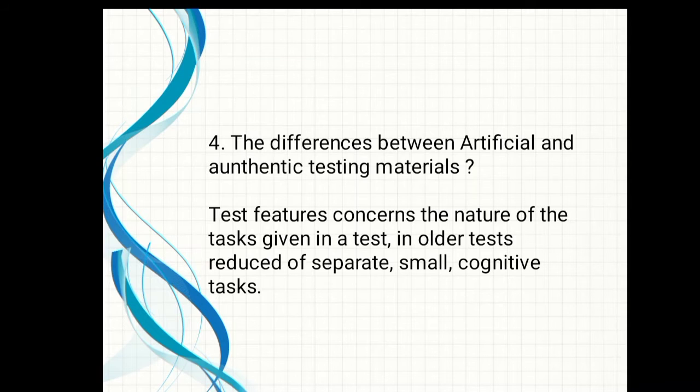In older tests, not only were the test items reduced to a number of separate small cognitive tests, but great care was taken to keep separate the assessment of the four skills of reading, writing, listening, and speaking.